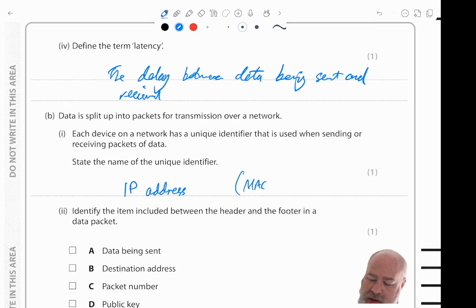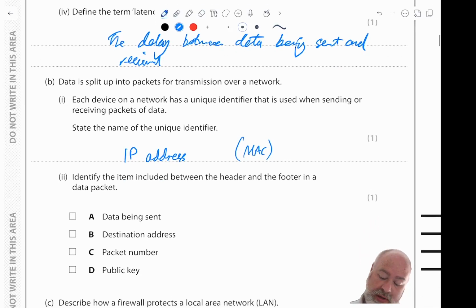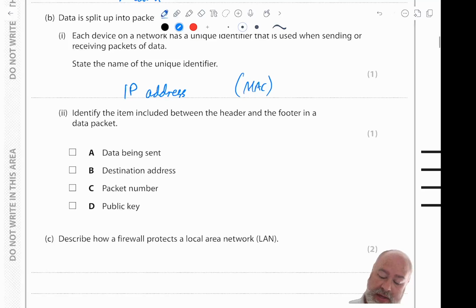It's a hardware identifier. So your phones, iPads, PCs, Windows computers, they all have, sometimes it's called a Wi-Fi address for some reason, a MAC address, and that's a unique hardware identifier which can also be used sometimes. But the easiest answer is IP address.